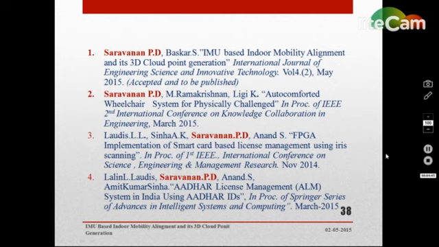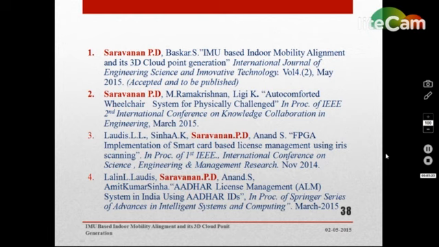Another paper is an auto comfort wheelchair system for the physically challenged, which was presented at an international conference of knowledge collaboration engineering in March. My previous works are an FPGA implementation of smart card based license management using iris scanning in an international journal of conference science, engineering and management research, and an Aadhaar license management system in India using Aadhaar IDs in a Springer series of advances in intelligent systems and computing.